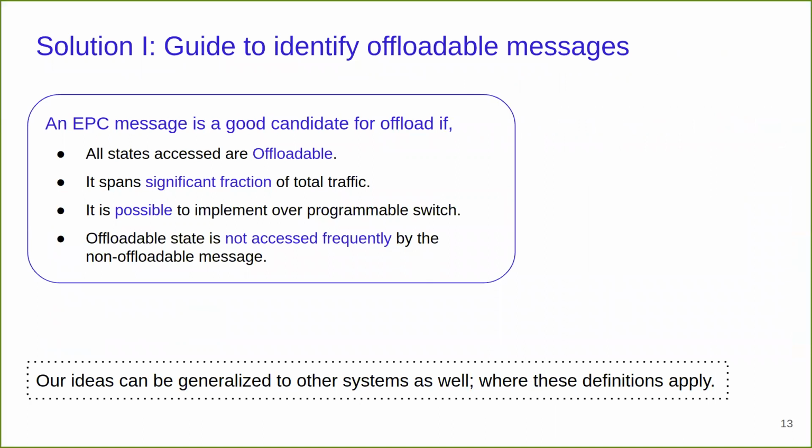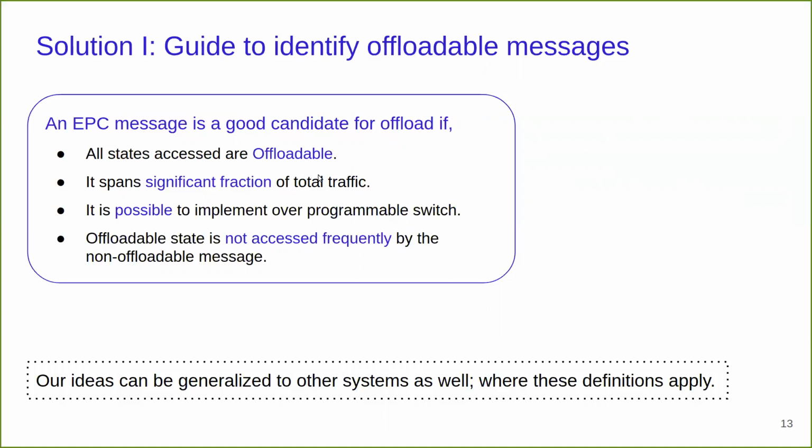This slide shows the guide to classify messages. An EPC message is a good offload candidate if all the states accessed are offloadable. We saw in the previous slide that service request and S1 release satisfy this condition. Second, the message spans a significant fraction of total traffic.